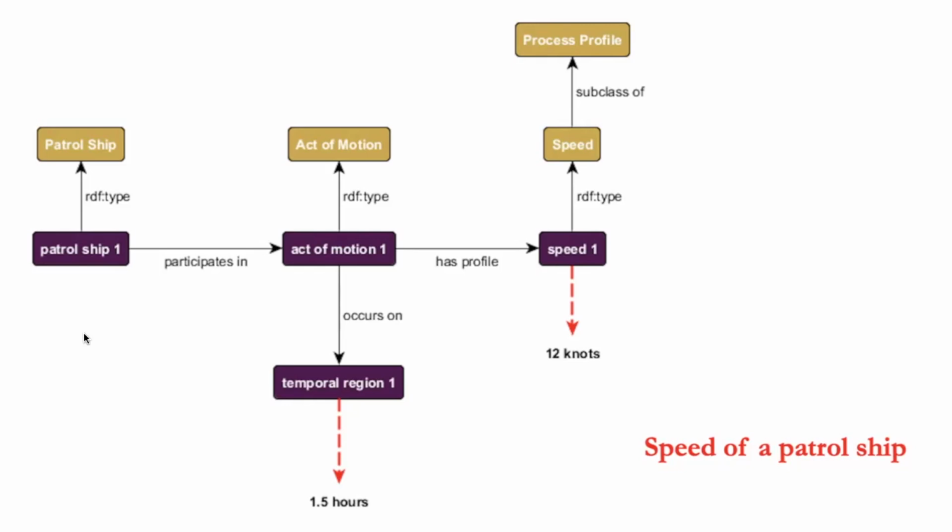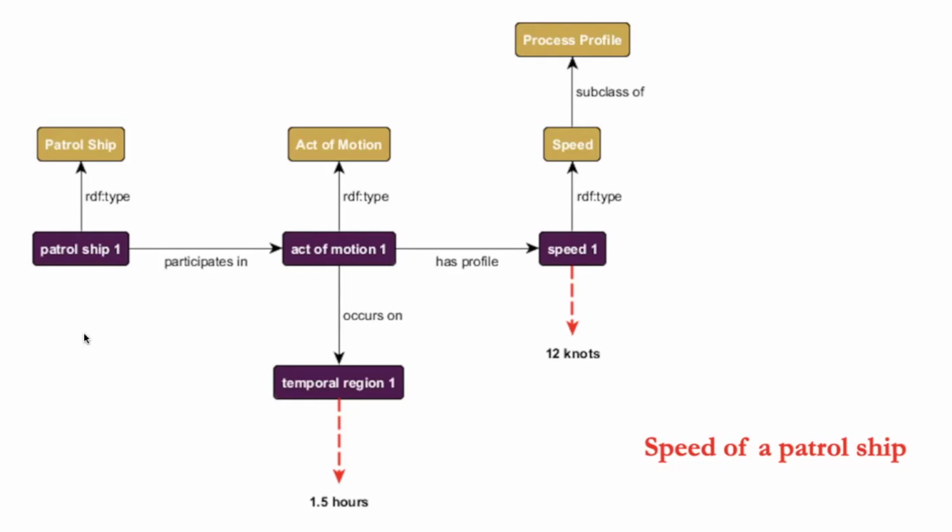You could have gone one process, one information, one process, one temporal region, one information. They picked the option where they just focus on the process and the temporal region, and information doesn't really come into the picture, except as annotation properties hanging off.